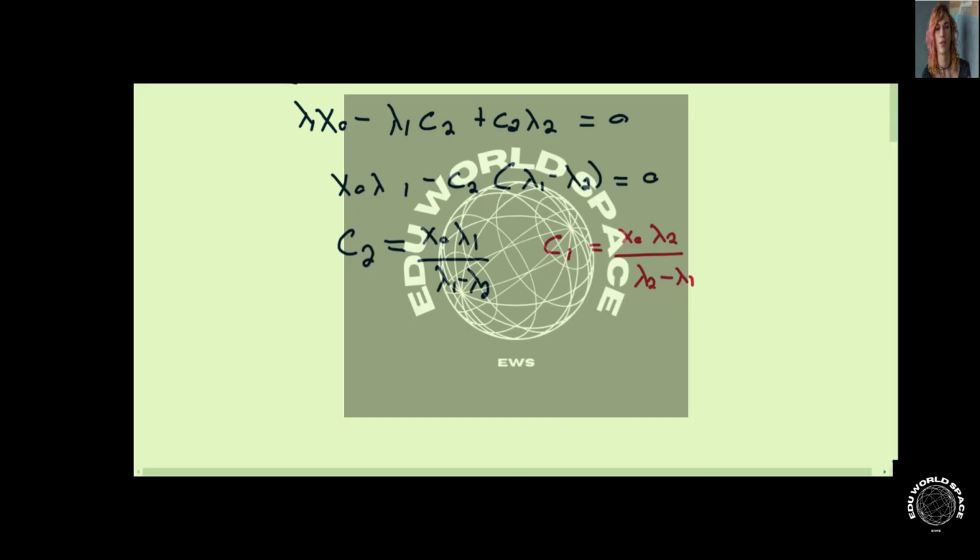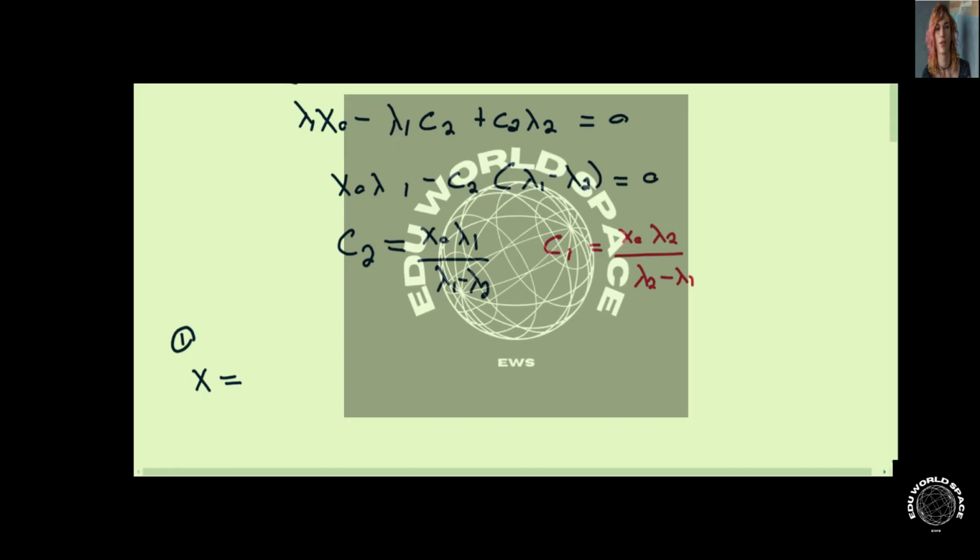So now we're going to plug it all the way into our first equation. So we have x equals c1, and this is going to be our number one equation that we had above.